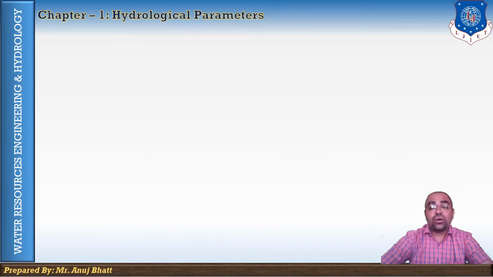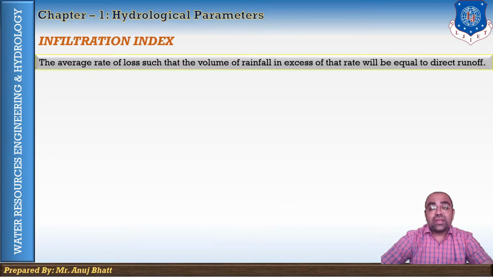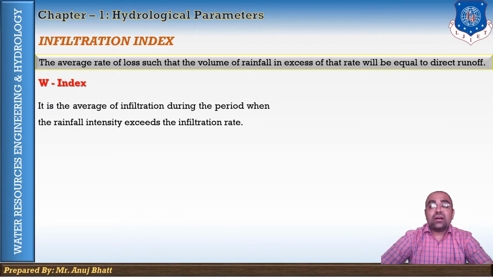Let's discuss the W index. The W index is the average infiltration during the period of rainfall when the rainfall intensity exceeds the infiltration rate.